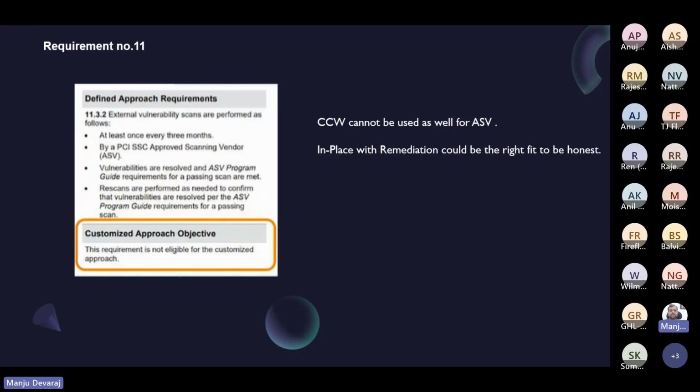Now one more very, very important thing they have made clear is that CCW cannot be used for ASV. That's one big thing.